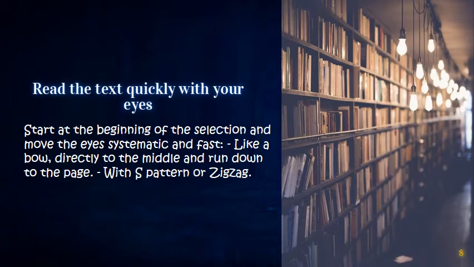Second, read the text quickly with your eyes. Start at the beginning of the selection and move your eyes systematically and fast like a bow directly to the middle and run down the page with an S pattern or zigzag pattern. Yeah.